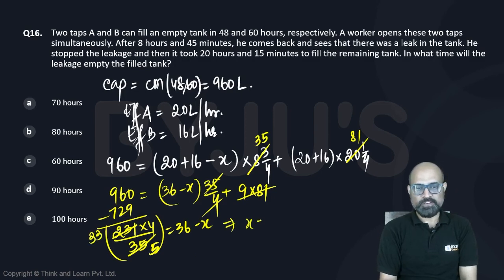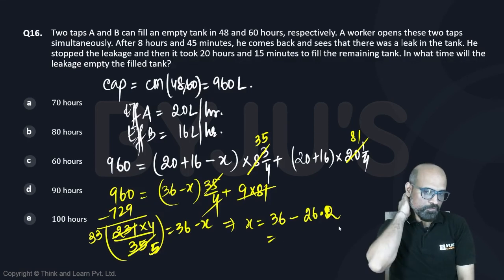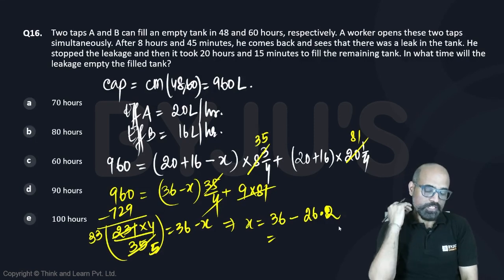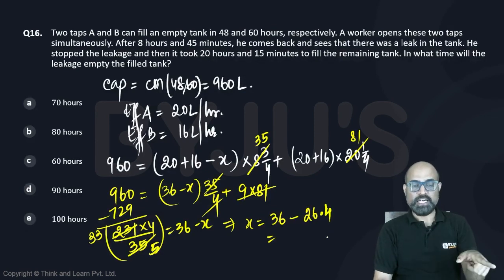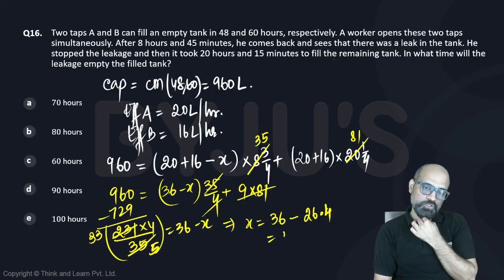So from here we'll get the value of X as 36 minus 33 into 4 by 5, that is 132 by 5. 132 by 5 is 26.4, right? Because that was 132 by 5, so double of 132 is 264. So this is going to give us 9.6.